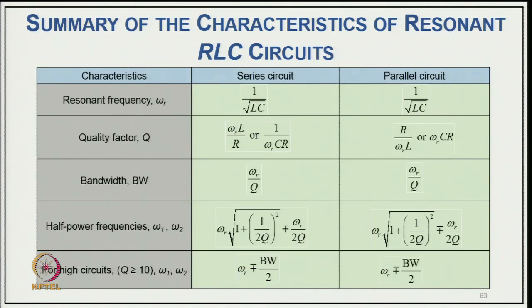And now, coming to the summary of characteristics of the resonant RLC circuit. The characteristic is resonant frequency omega_r: in the series circuit it is 1 upon root LC, and in the parallel circuit also it is 1 upon root LC.